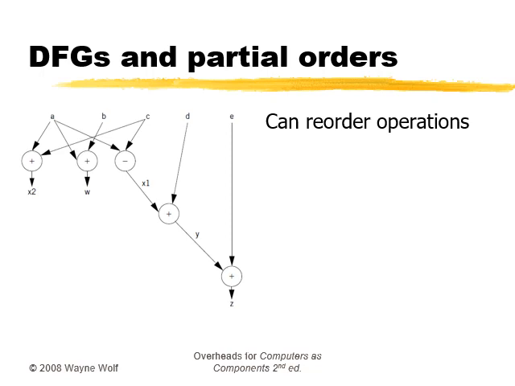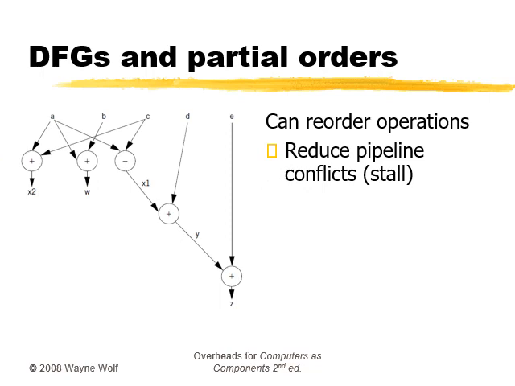So we have seen that we have simplified our assignment. In the original basic block, we had two assignments to x, so what we did was make it a single assignment. That way we can reorder operations. Reordering the operations means that the next operation might not need to wait for the first operation to complete, so ultimately it will result in reduced pipeline conflict.